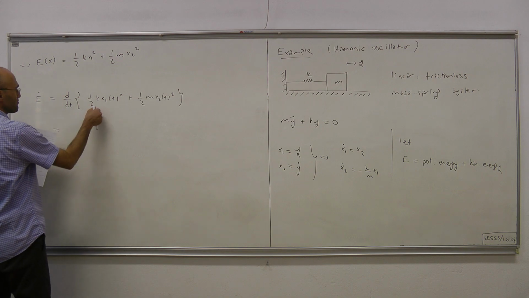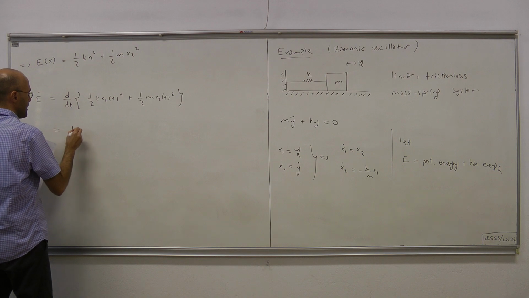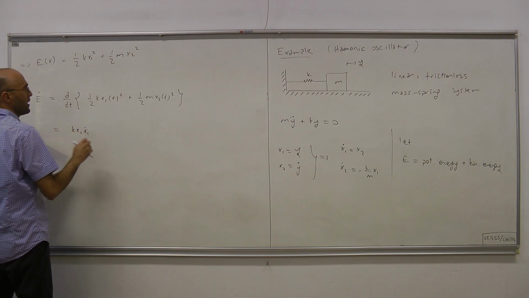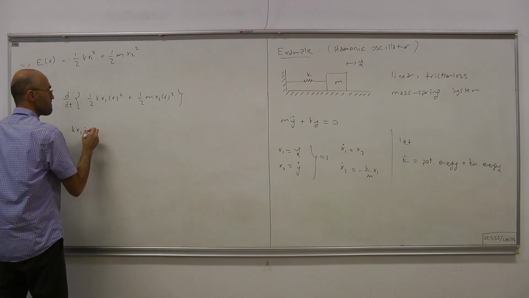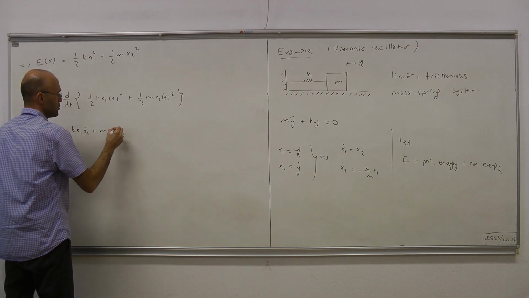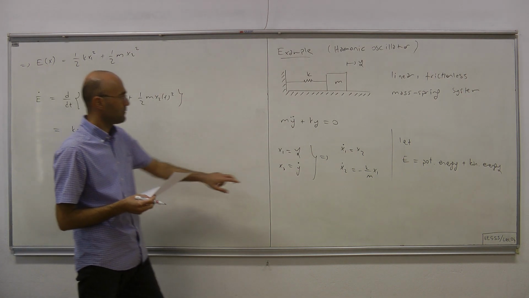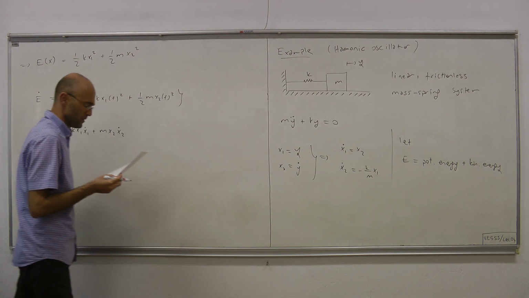So, the time derivative of this is k x1 x1 dot. The time derivative of this is m x2 x2 dot. Okay. Now we have x1 dot and x2 dot here in our system.